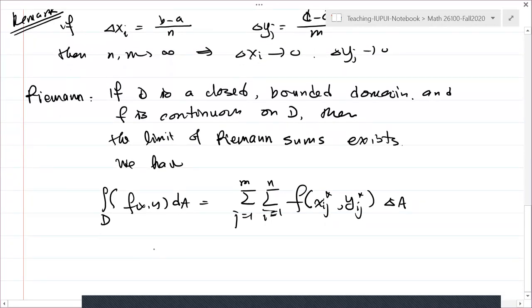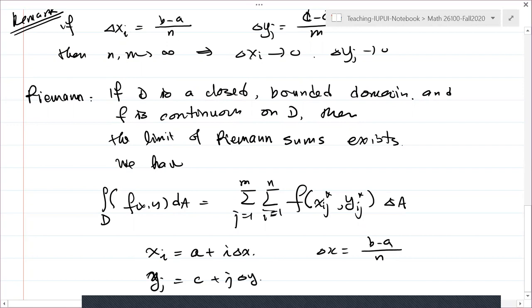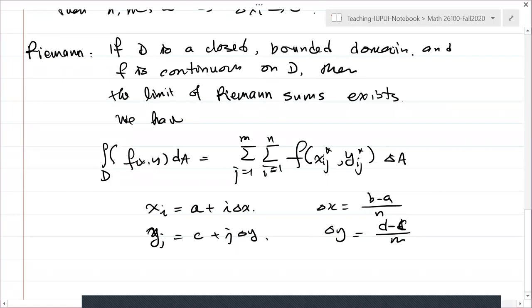So the partition will be xi equals a plus i delta x, where delta x is b minus a over n. And yj is going to be c plus j delta y, where delta y is d minus c over m. So those are the special partitions. So delta A is just delta x times delta y.